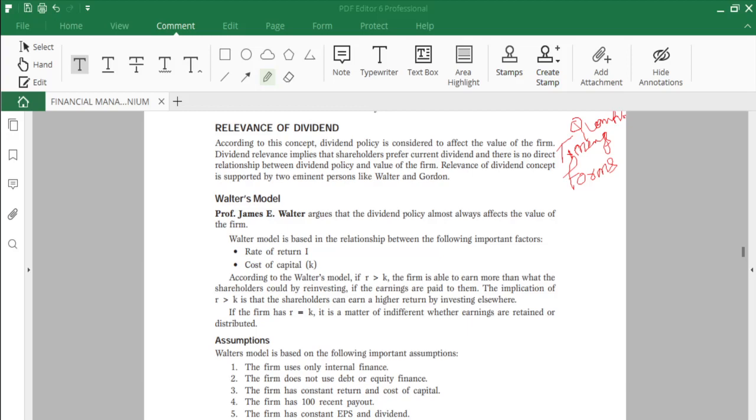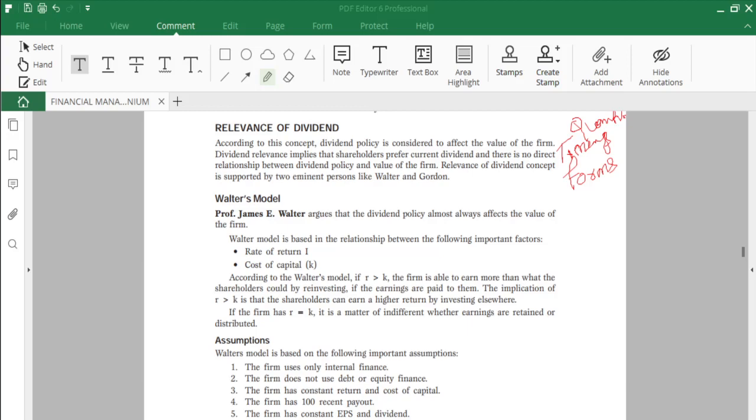There are various schools of thought regarding this. One school of thought says that dividend declaration is important, and it has some bearing on the market value of the securities or the shares. Some schools of thought believe that there is no relevance of declaration of dividend.